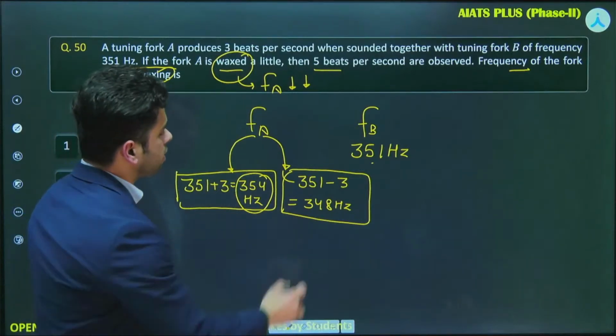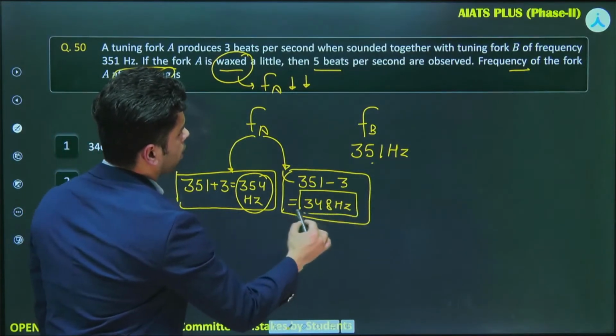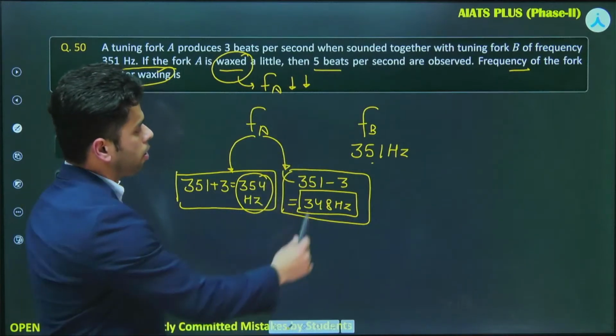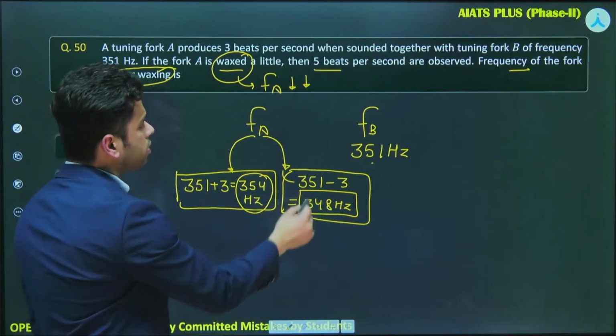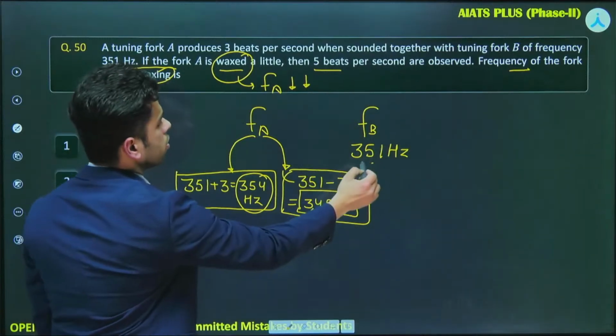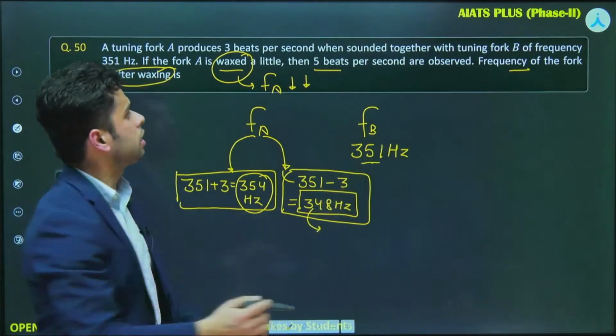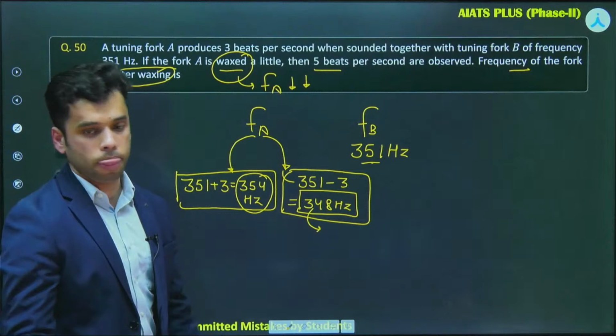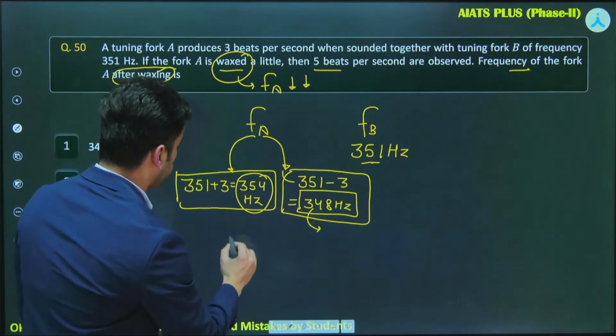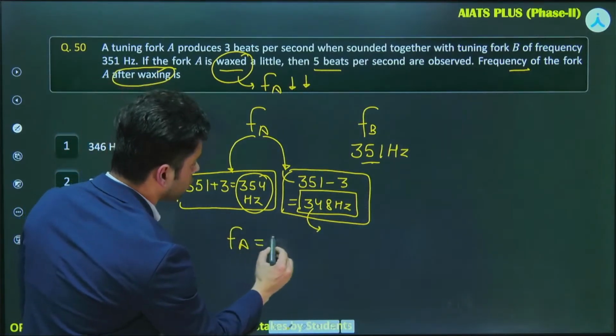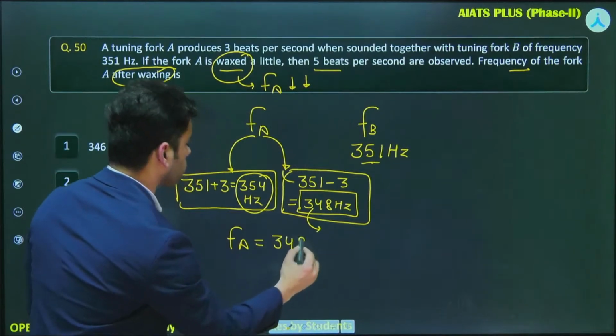So my guess is that 348 hertz should be the correct frequency of tuning fork A, because if you wax it and it reduces, the difference between 351 and something reduced can be equal to 5 beats per second, right? So from the analysis, we concluded that it is 348 hertz.